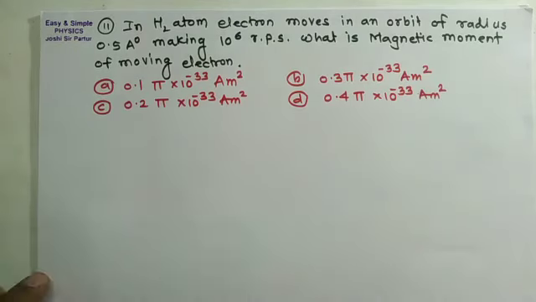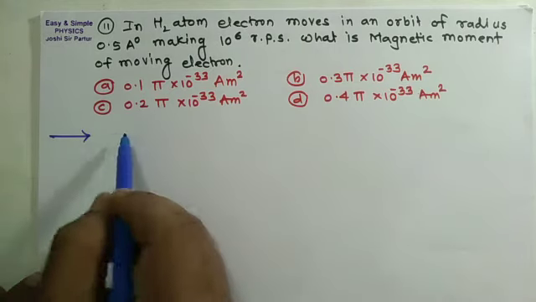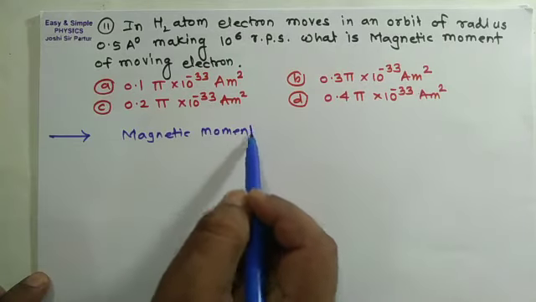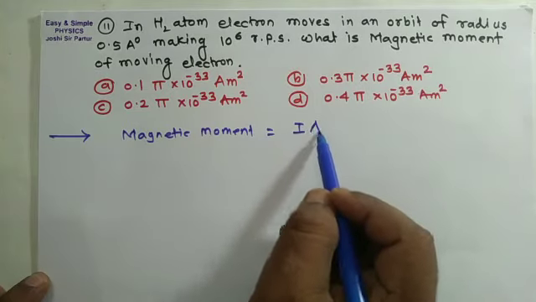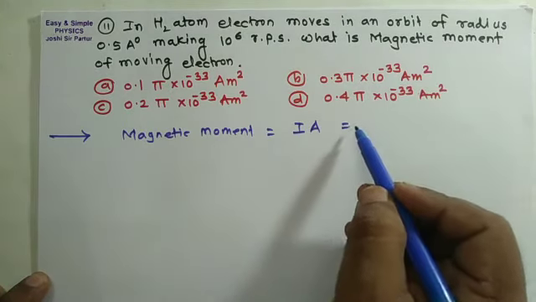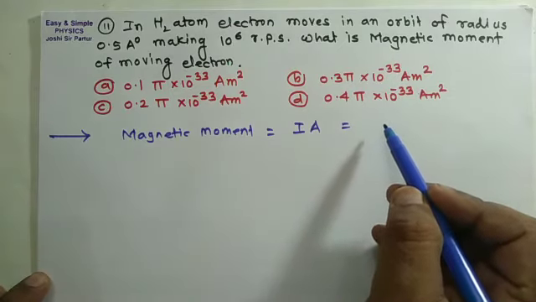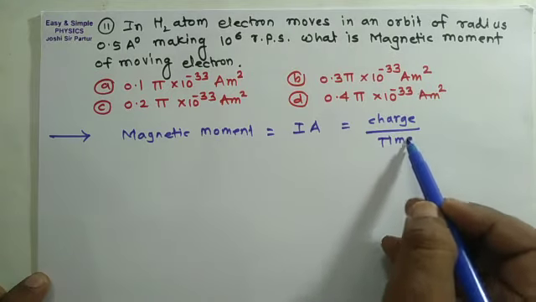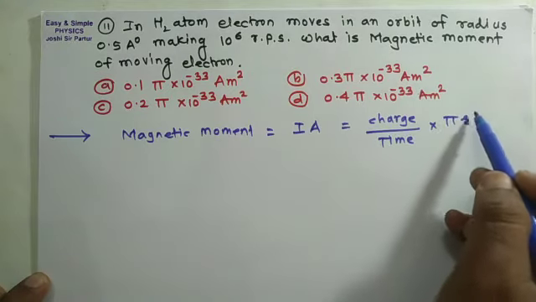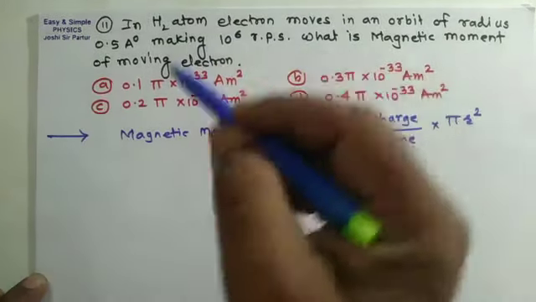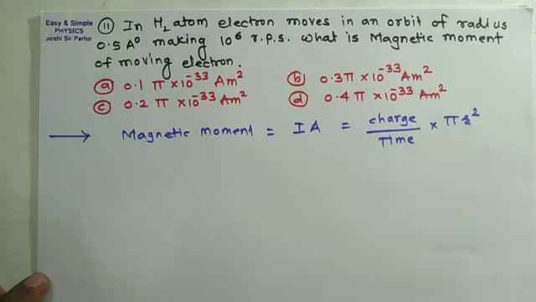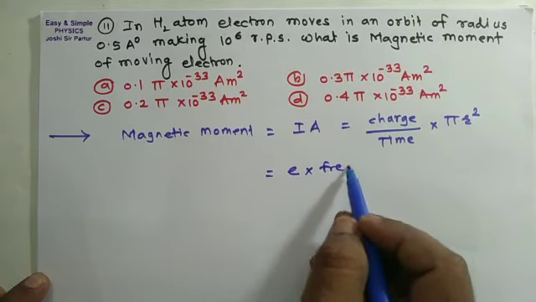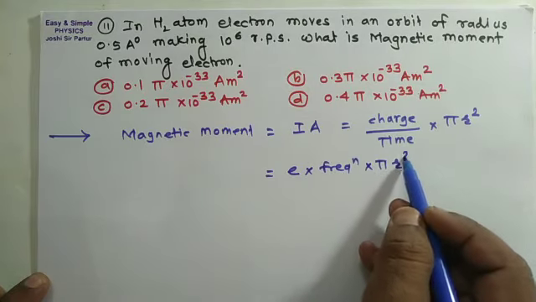In such an example, when we solve, magnetic moment is equal to I A. So here I is charge upon time, multiplied by pi r square, because for a circular orbit its area will be pi r square. So charge, that is e multiplied by frequency multiplied by pi r square.